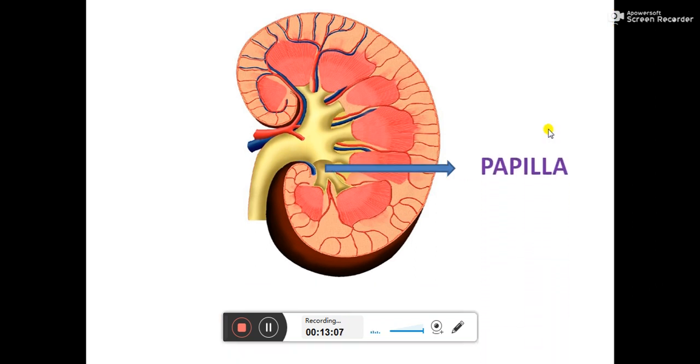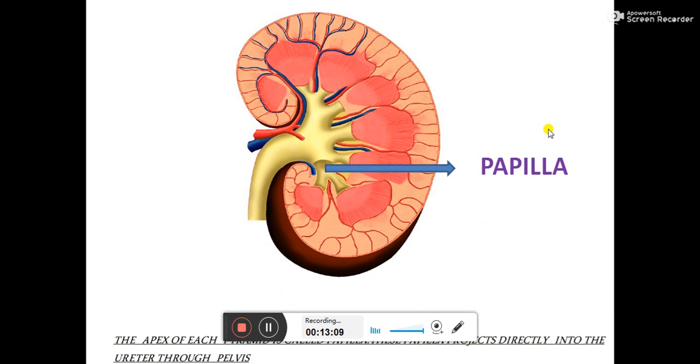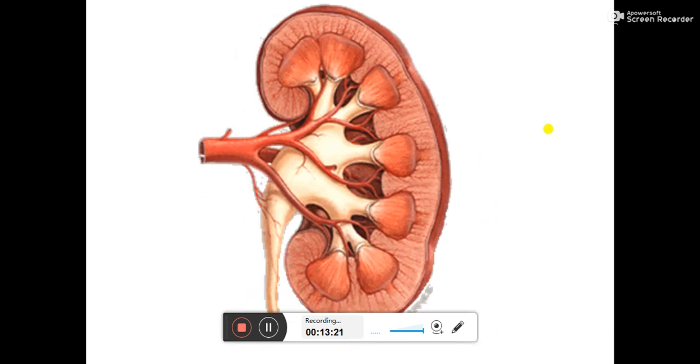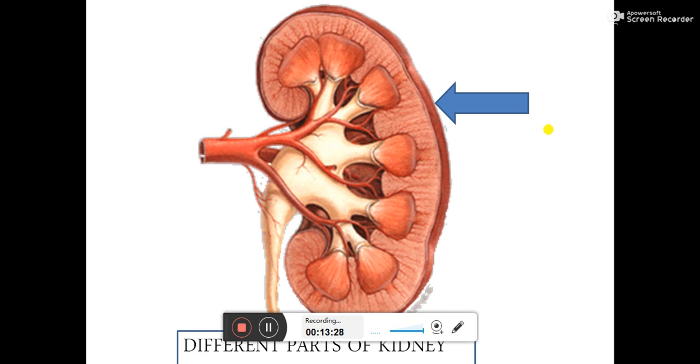Now we can see the papilla. The apex of each pyramid finishes at the pelvis and projects directly into the ureter through the pelvis. Now we can see the parts of the kidney one by one. Different parts of the kidney.